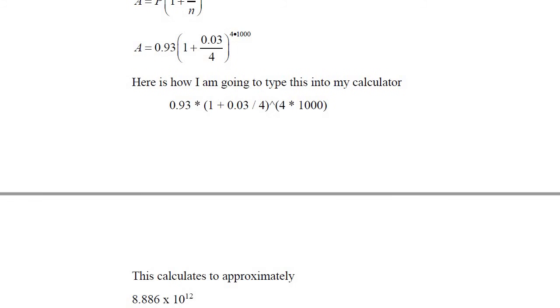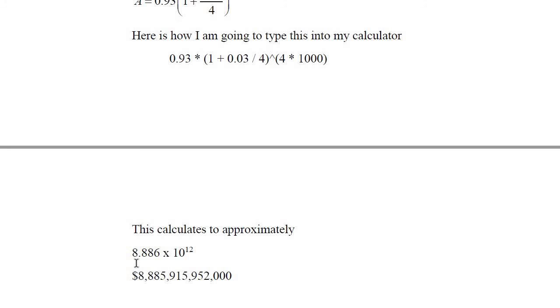And that calculated to something like 8.86 times 10 to the 12th power. I actually wrote the number out, but that gives me about 8,885,915,952,000. Quite a bit of money.